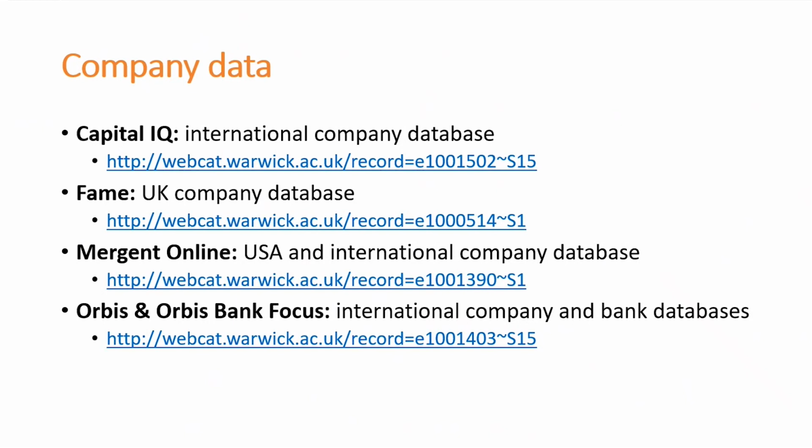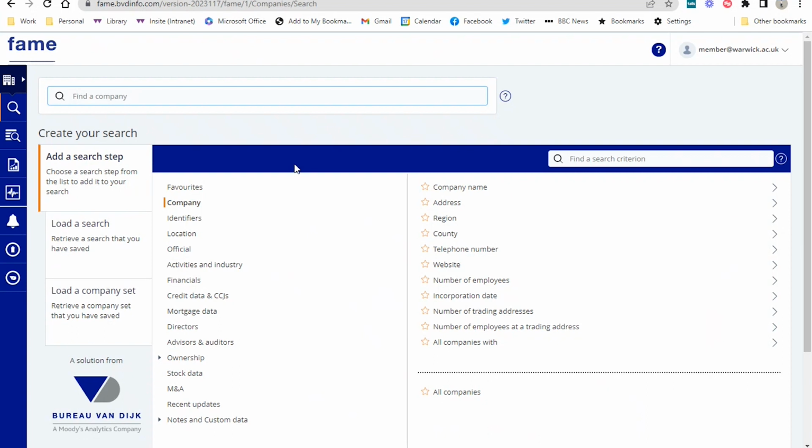Let's look at the FAME database to get an idea of how company databases work. You can search for a company by name and see the company profile and associated documents. For example, Next.